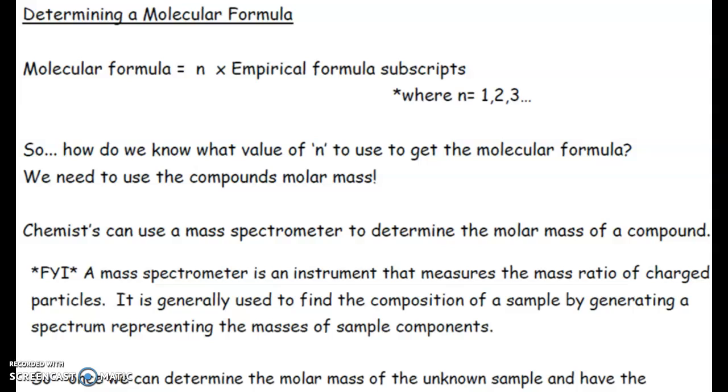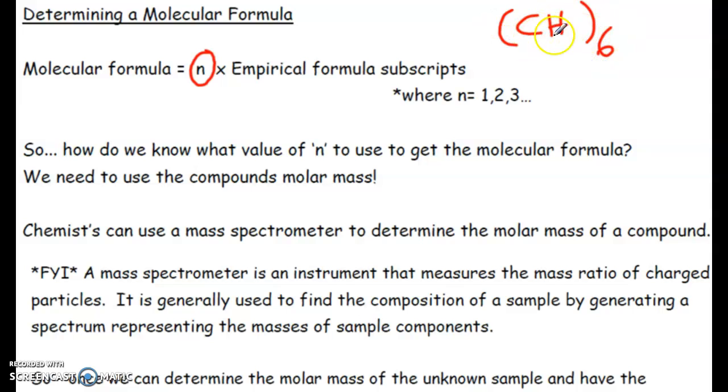So let's talk about how we can go about doing this. Essentially, we need to figure out the factor that the empirical formula has to be multiplied by to get to the real formula. If you remember, we saw this already.